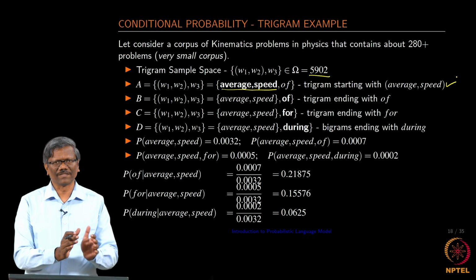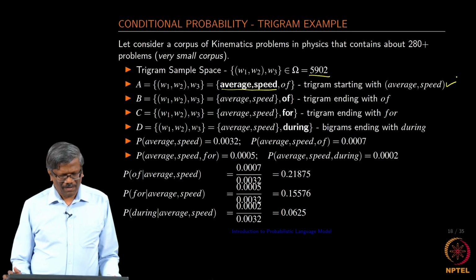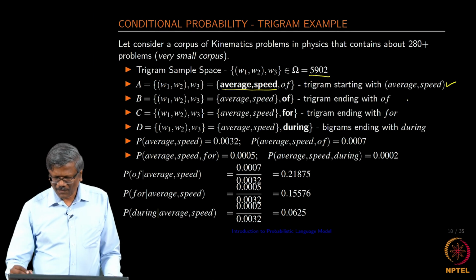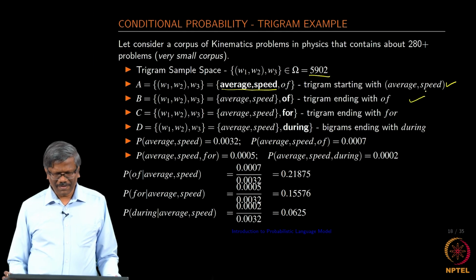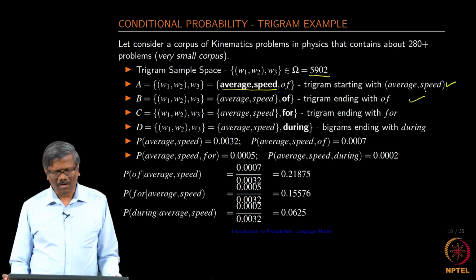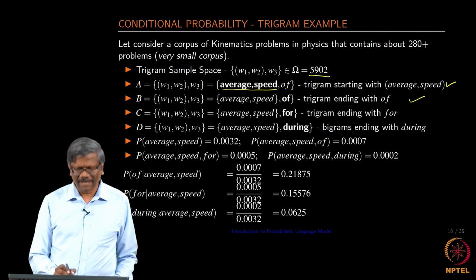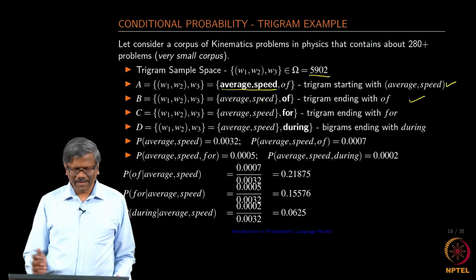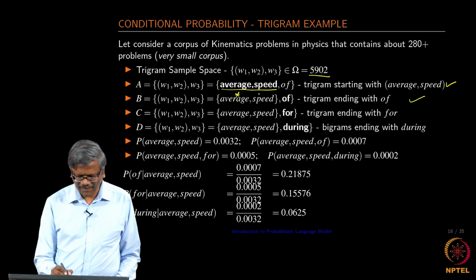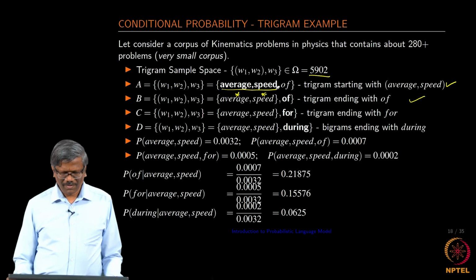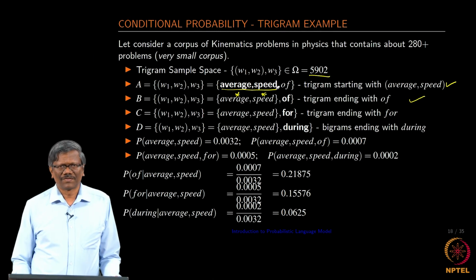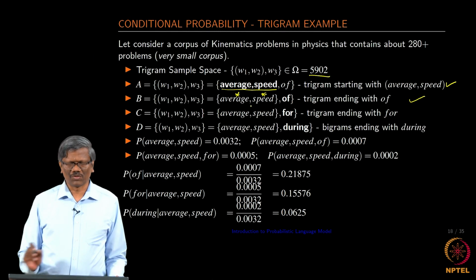I am restricting my size here. Okay. And then I am going to find all the trigrams ending with of. So, it is not going to be just average and speed, it is going to contain any other word here, right. Just to show some idea, I have just used those two words again.